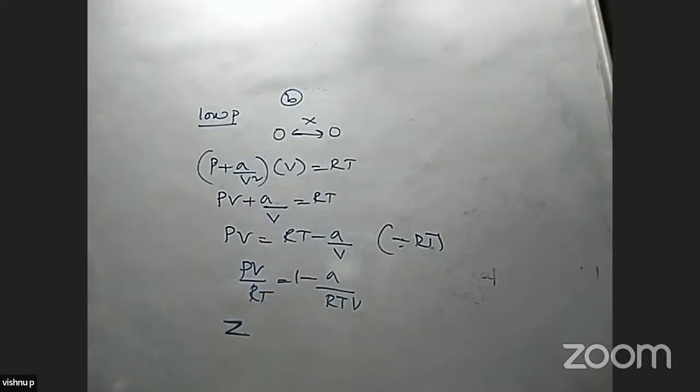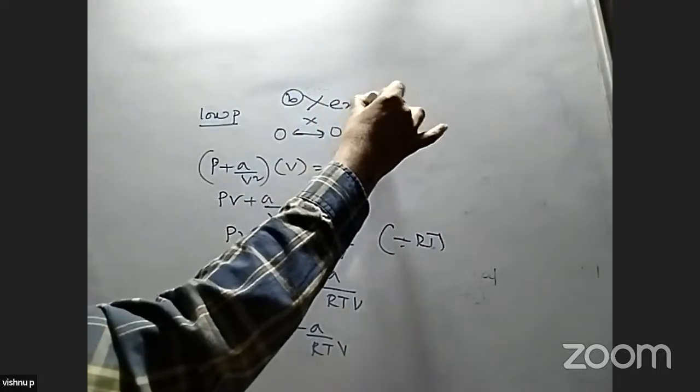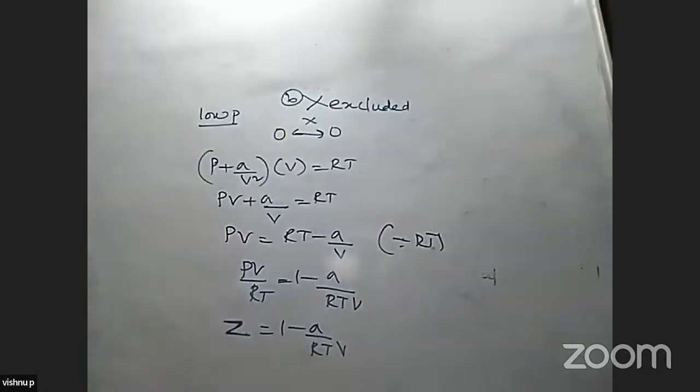Z = 1 - a/(RTV). This is possible at low pressure conditions, where the excluded volume is neglected because there is no pressure operating.